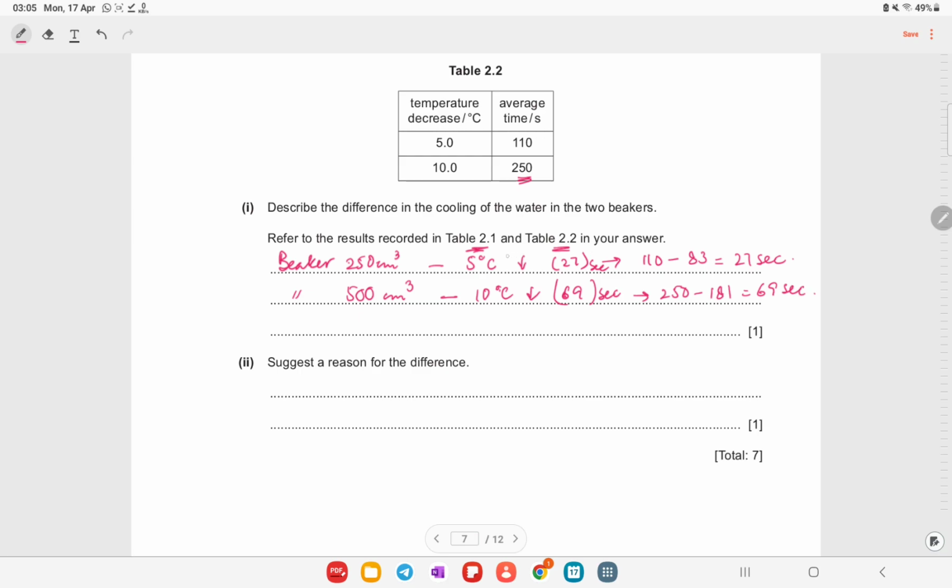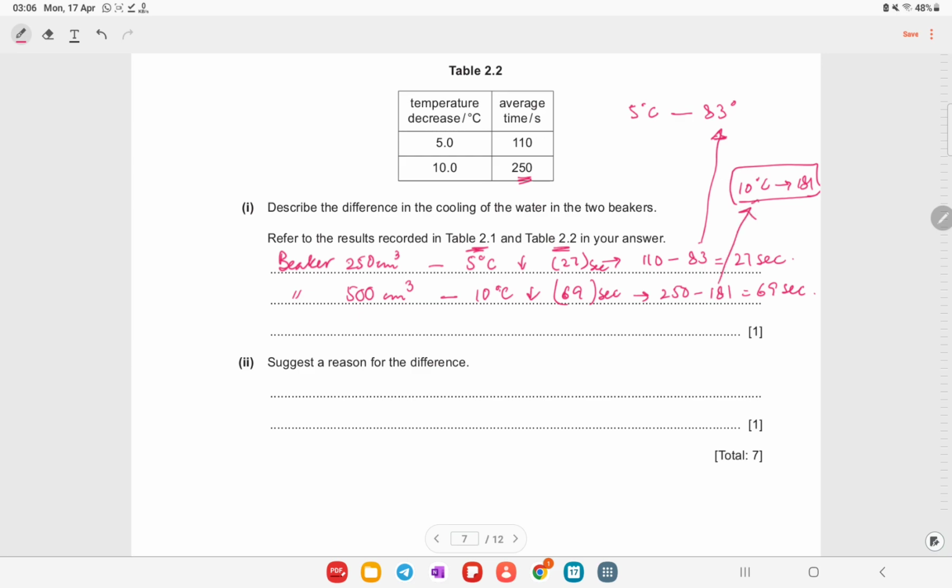Okay, I'll do one more thing so that I can write it down. For 5 degrees Celsius, the time taken was 83 seconds, and this time is from table 2.1. And for 10 degrees Celsius, it was 181. I have taken this value from table 2.1.